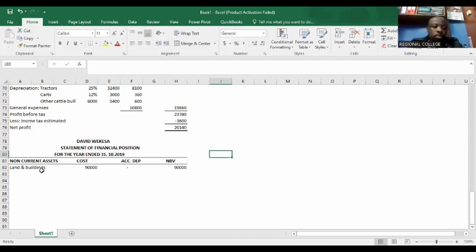Tractors. So the value before you calculate depreciation is 32,400.